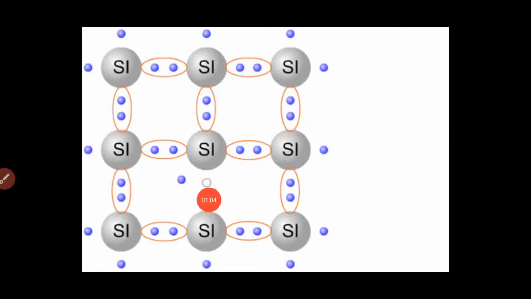And due to this absorption of electromagnetic radiation, this electron gains some energy. And due to this, it will be excited. This means that it will not maintain its position. It will break the bond and become a free electron now. This is not a bonding electron now.